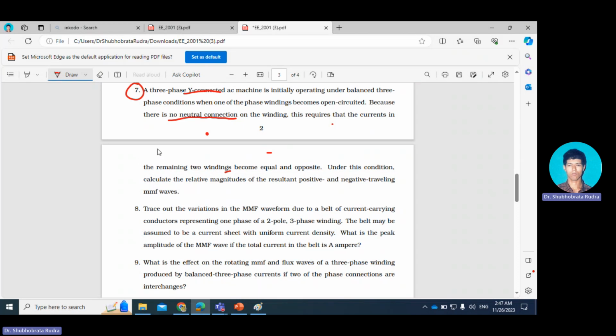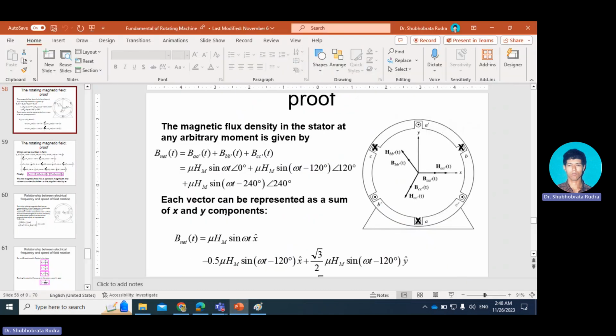Well, with that note, we'll have only two types of current. One which will move the rotor in the forward direction, one in the backward direction. However, that is some intuition, but let us try to find out what will happen when one phase is absent from this problem.